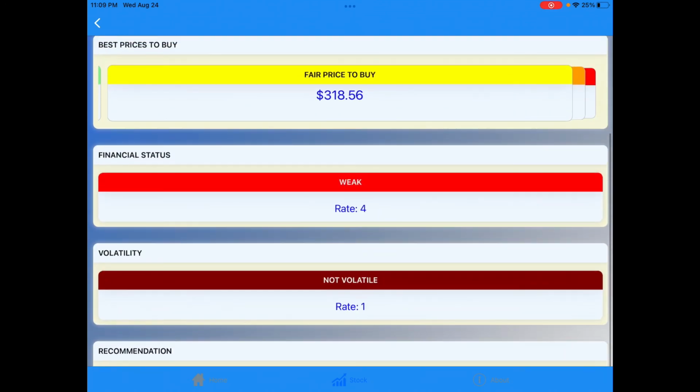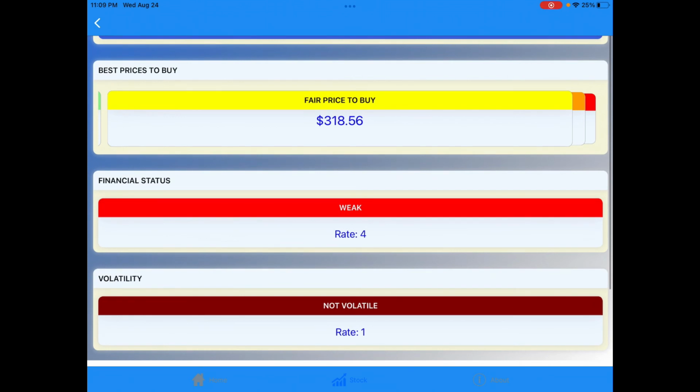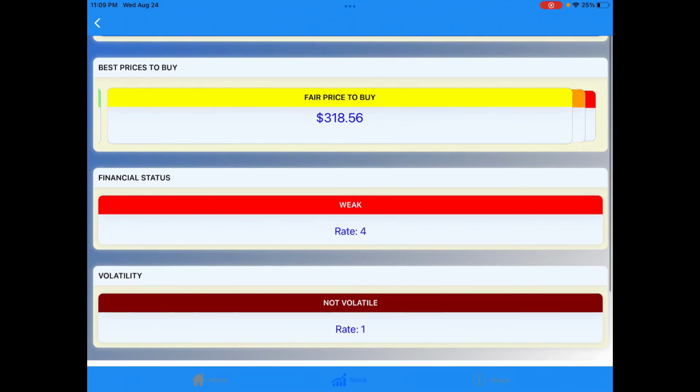It's using a lot of data, using a very solid formula that takes information from a financial statement, from the history record, and from all kinds of ratios that were invented to serve the purpose of this app. And it's coming up with this recommendation that's saying that Microsoft at this price, at this condition, is a risky price, watch and re-evaluate. Okay, so this is how the app functions.